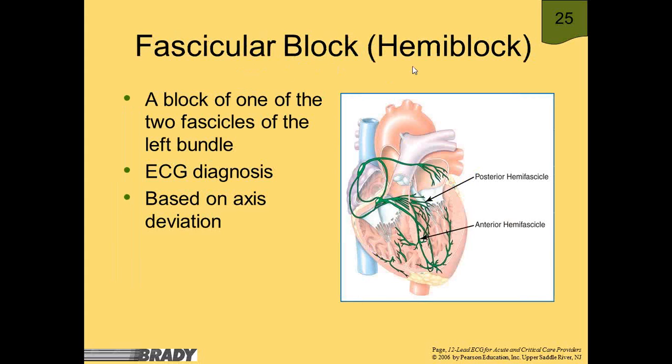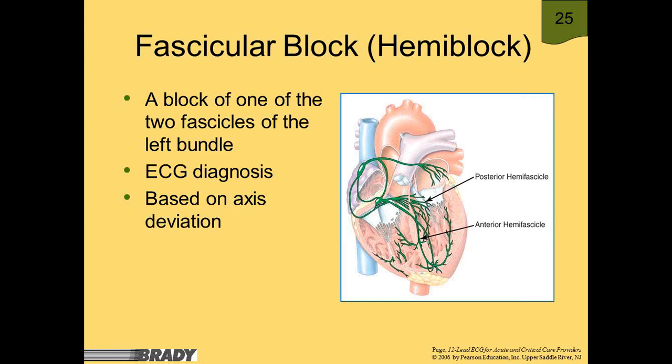So the fascicular block, or a hemiblock, is a block of one of the 2 fascicles that come down. Remember, those fascicles come off the left bundle branch. Okay, so they're not as big a deal as a bundle branch block because they're lower than that.